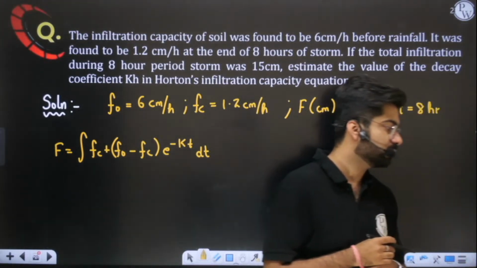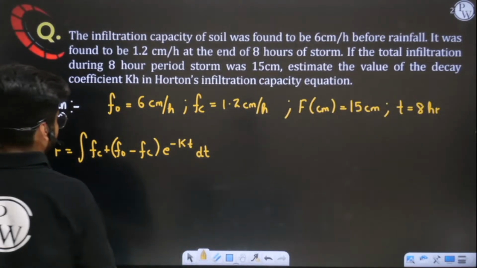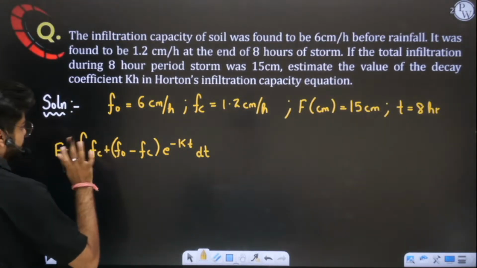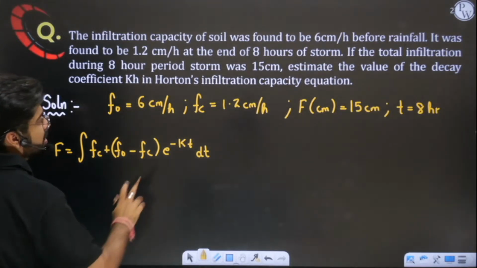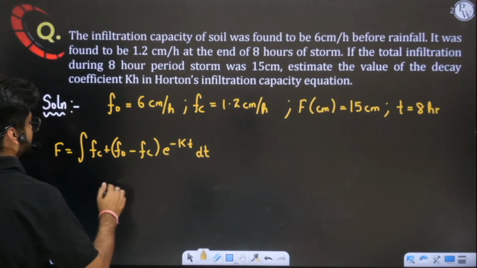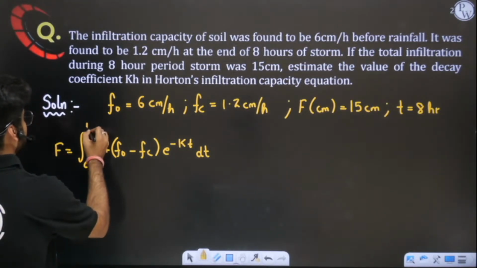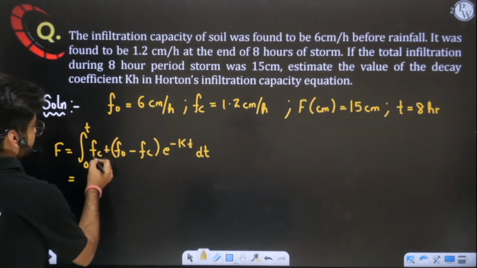Or should I tell you? Now listen very carefully. If you have to solve it, we have two methods. You can go by the basic method, or one thing: this 8 hour is a very long time. If you integrate this equation from 0 to t, this term will be Fc t.